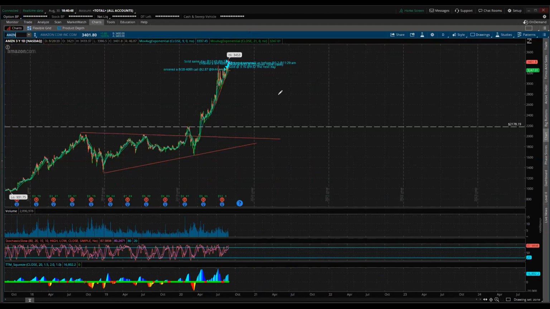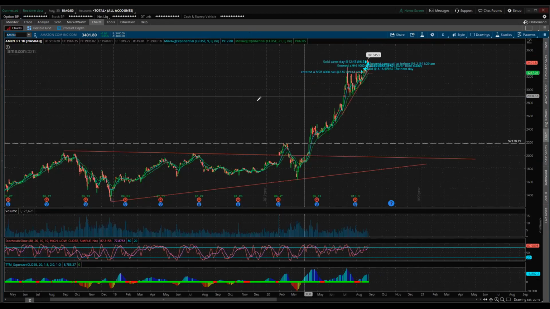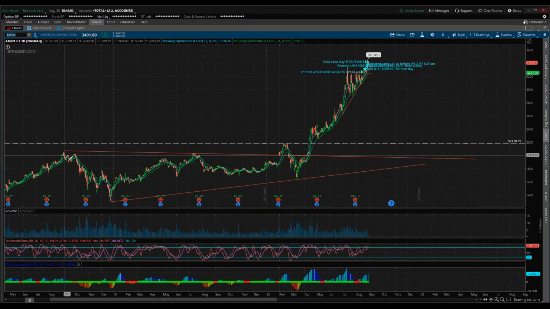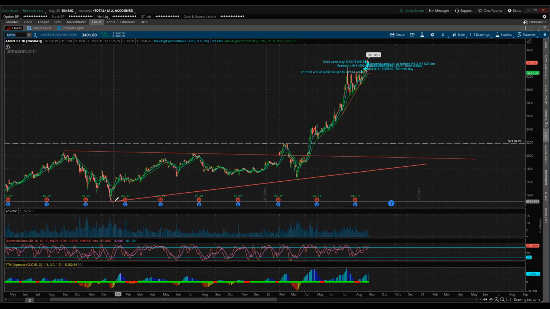Just some other triangles I've seen in the past. Like you see Amazon. This was a year in the making, maybe more. Started this technical consolidation between 2000 and 1300, and it bounced up between.